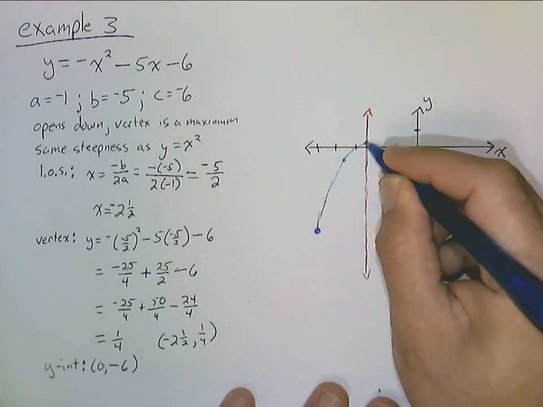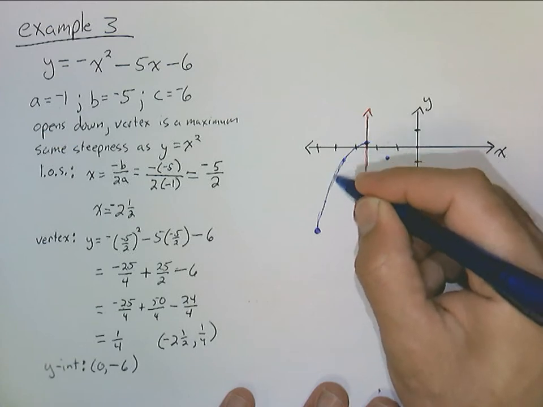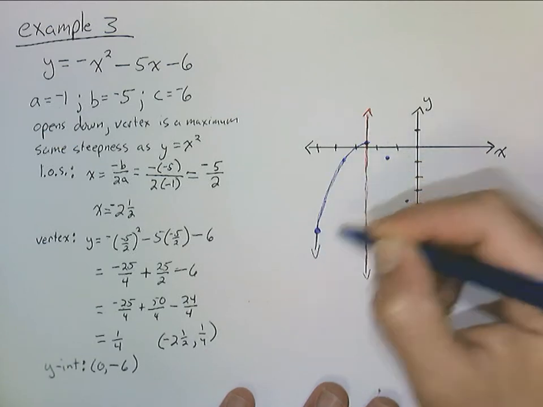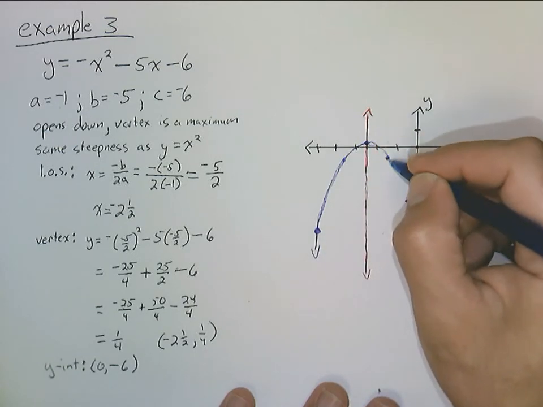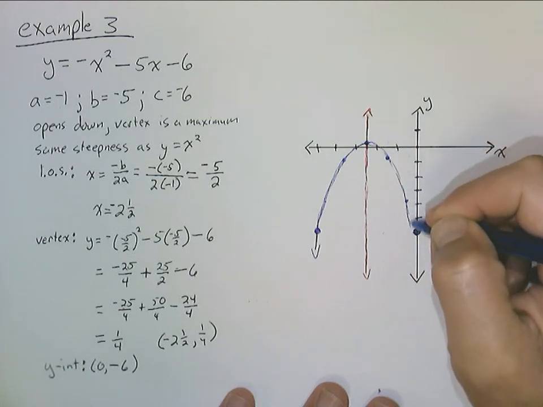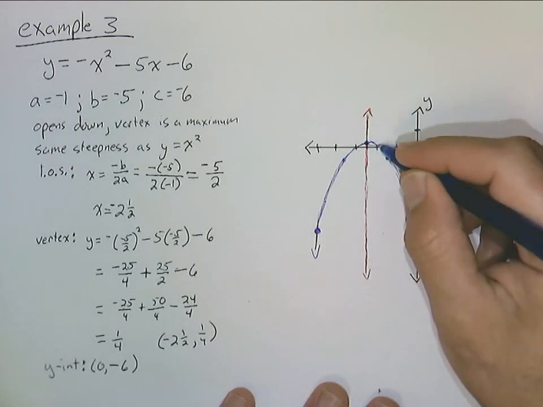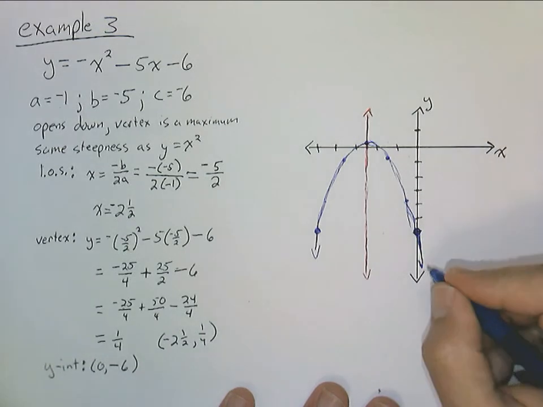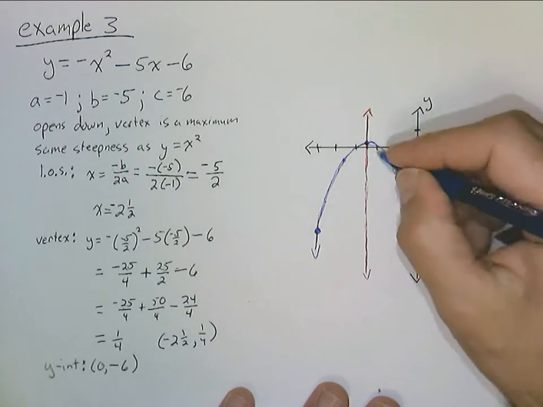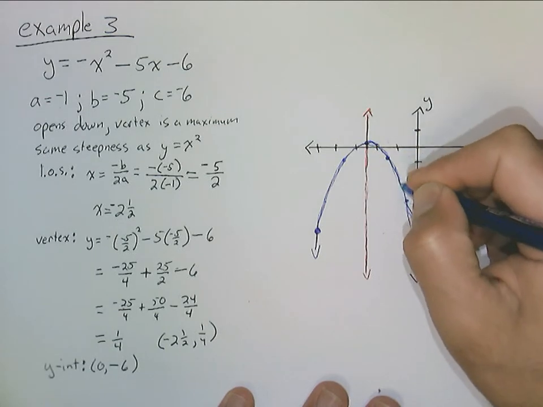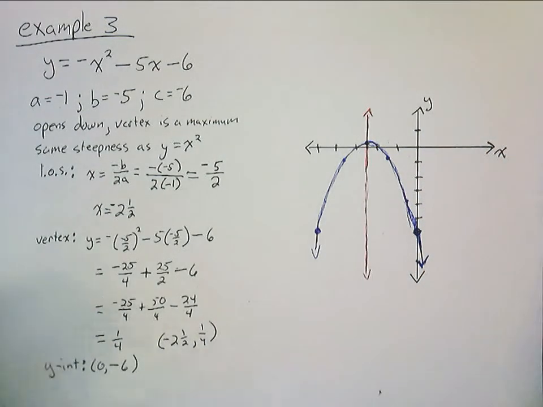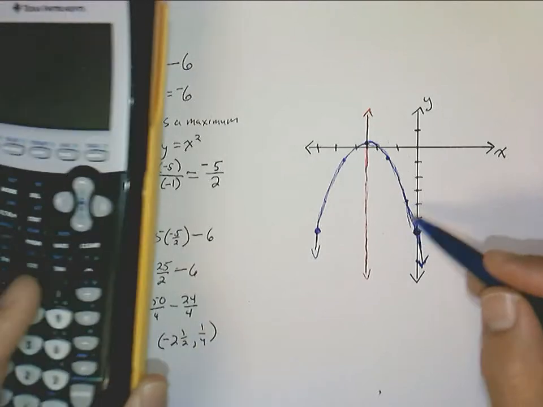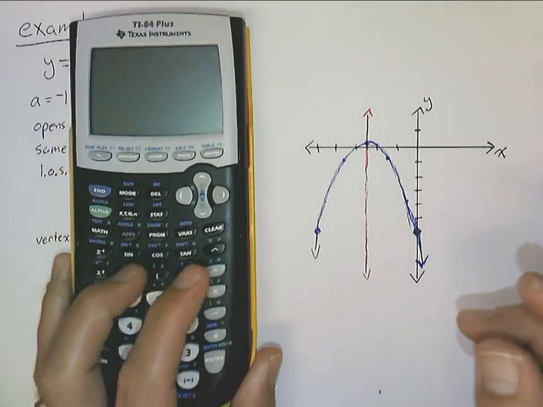And again, don't make your parabola pointy at the vertex. And we get this really nice, pretty parabola. And if we want, we can check. Well, that's probably not the prettiest parabola, but hey, we're freehanding it here.